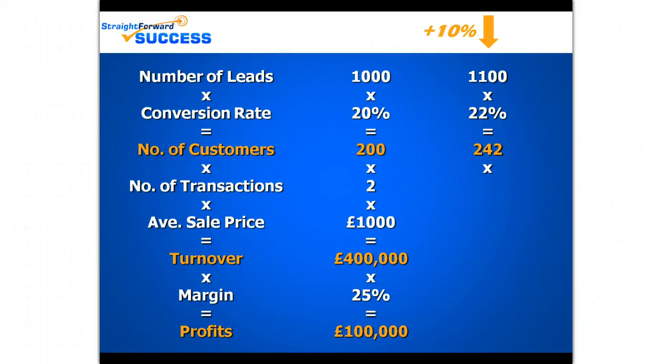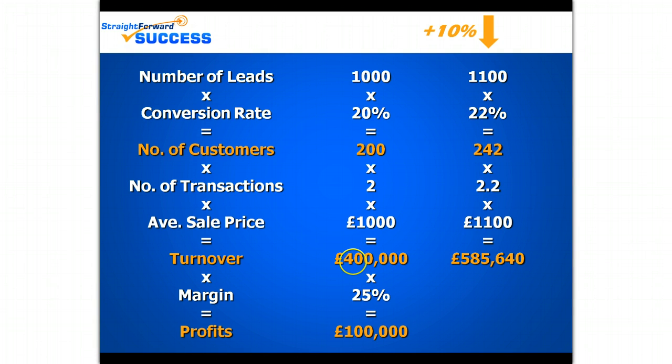And let's say that we increase our number of transactions from our clients from 2 on average to 2.2 on average. Now, we focus on the average sale price, and we get that up by 10%. Here's the important bit. Each of those 4 items, those 4 components of profit, have increased by 10%. And yet, because of compound maths, the same thing that applied in that golf game that I just explained, your turnover goes up by 46%.